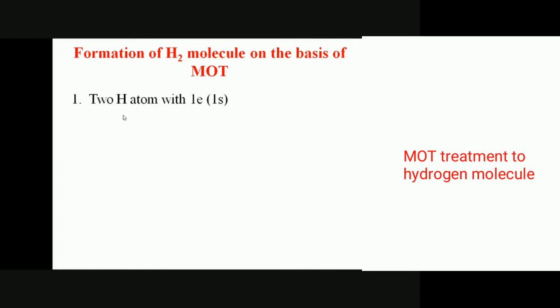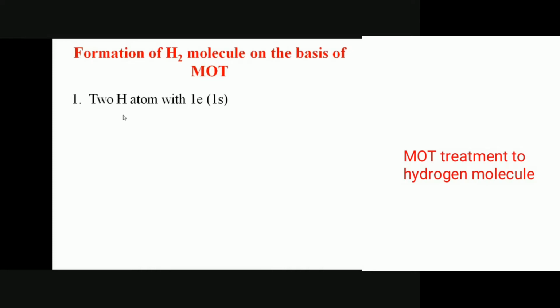First we have to consider two hydrogen atoms. The hydrogen system is considered one of the simplest systems, and it is a one electron system. Even in our previous session we solved the H2 plus ion, where hydrogen is again taken.